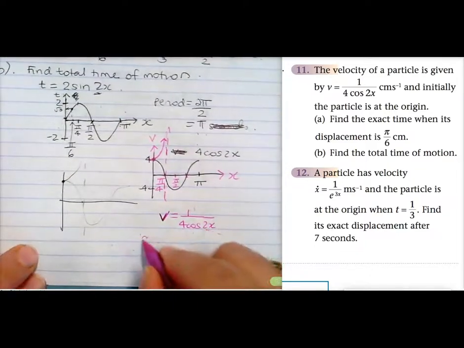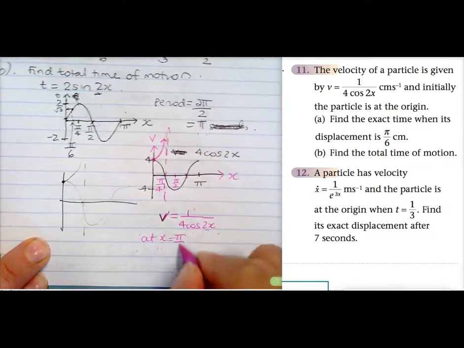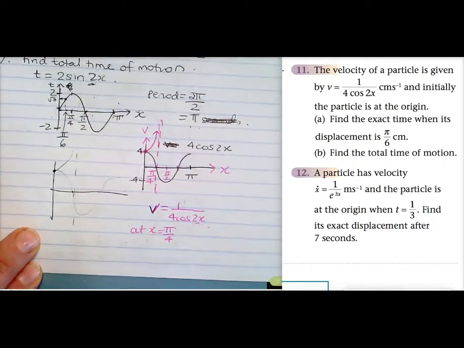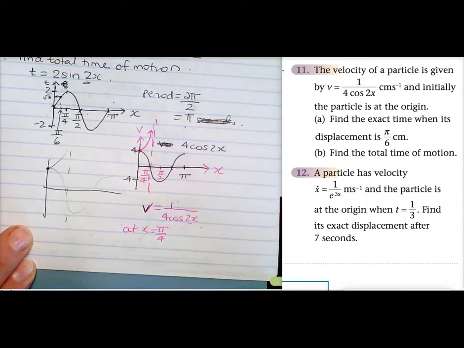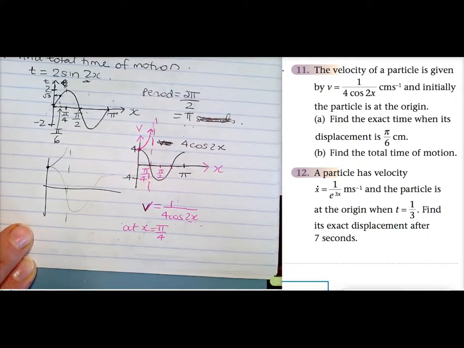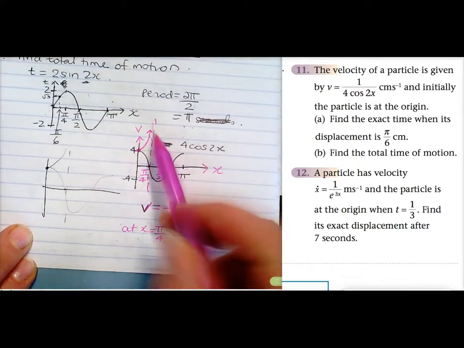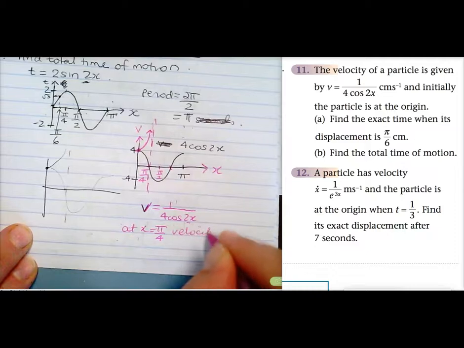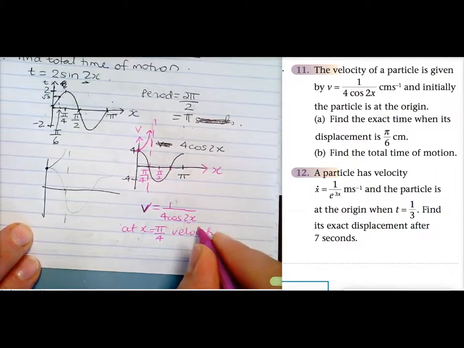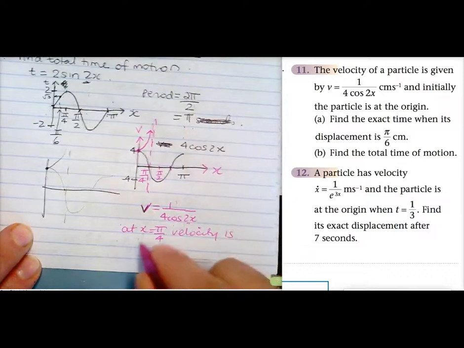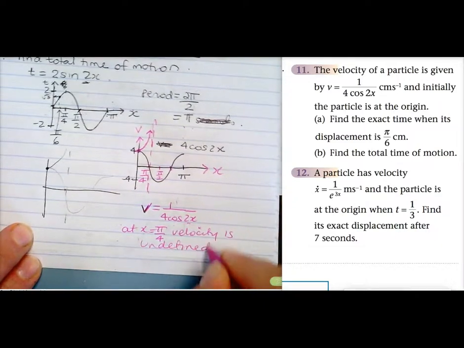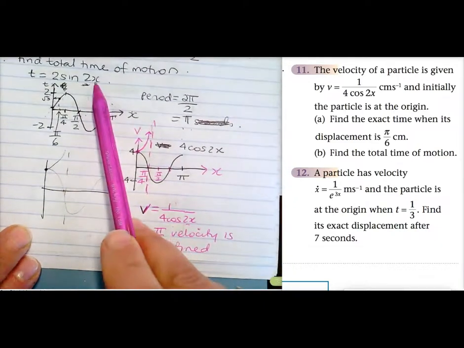So we know at x equals pi on 4 that there is a stop in the motion. There's no more motion. Velocity is not defined. Are we okay with that? At x equals pi on 4, I'm not saying the particle stops, but there's no more motion anymore. Velocity is undefined.